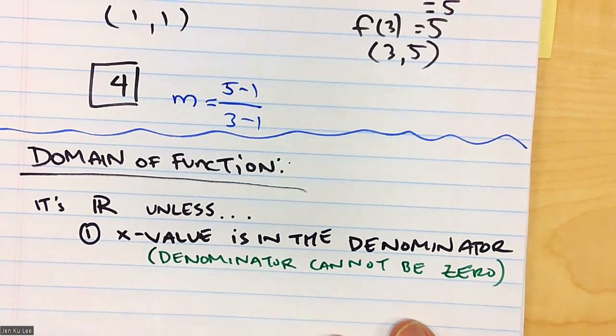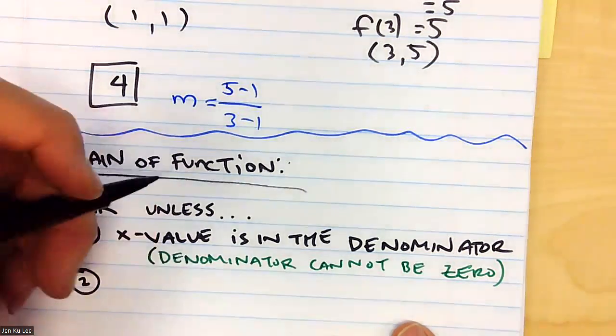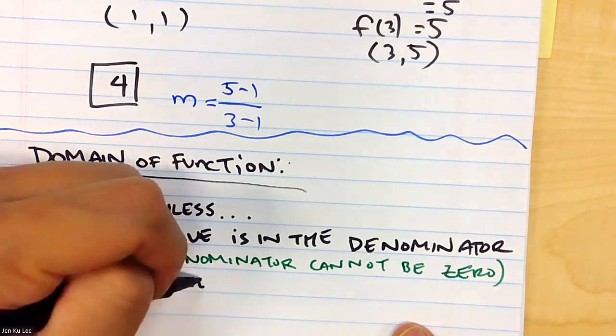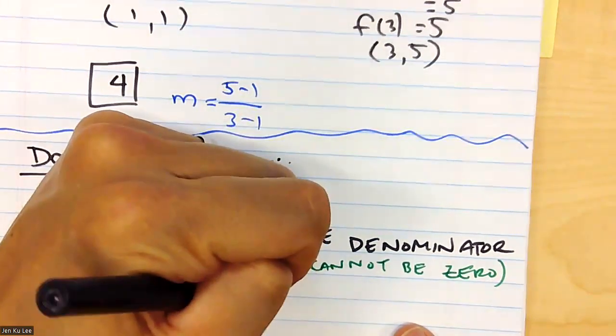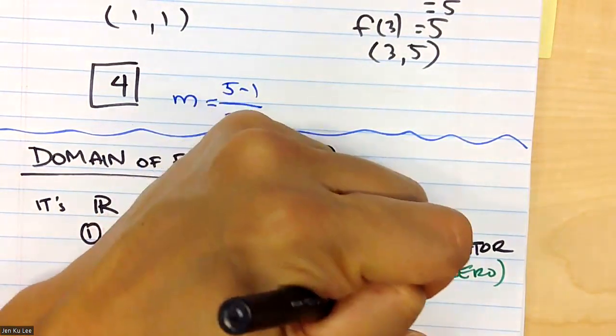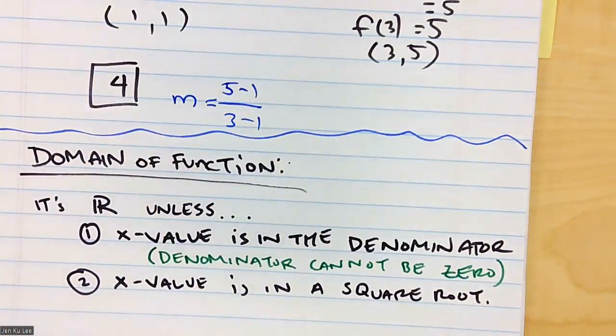Or number 2, your x value is in a square root.